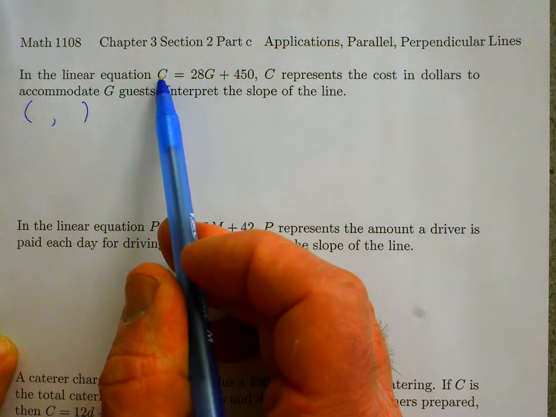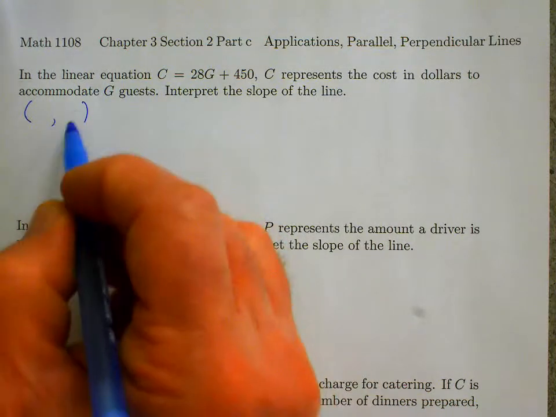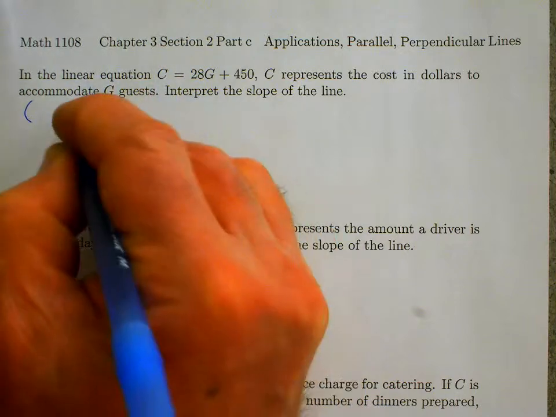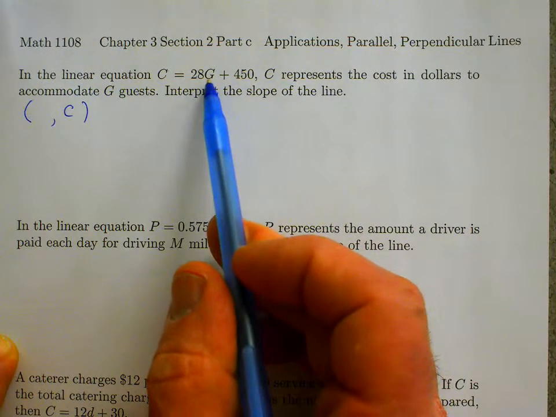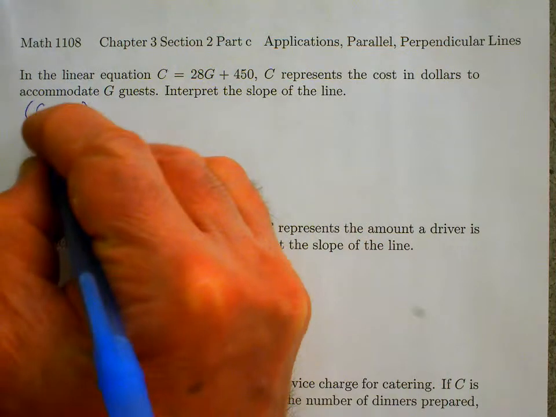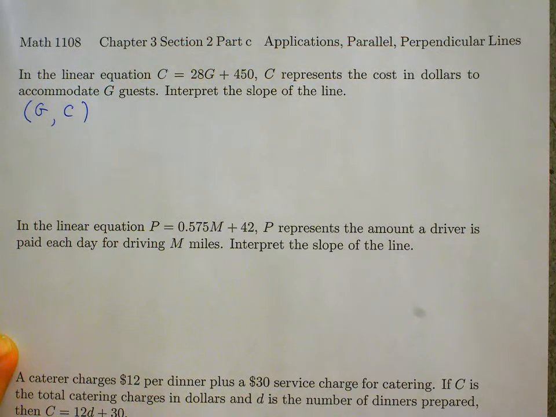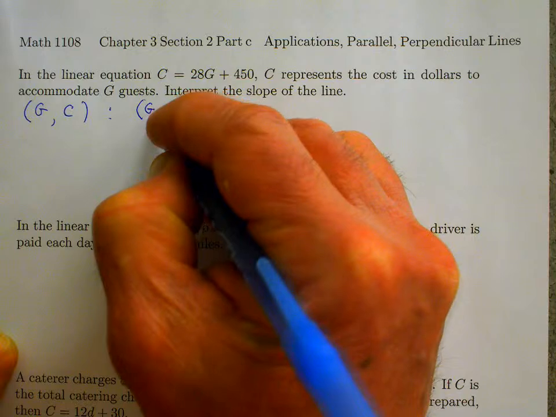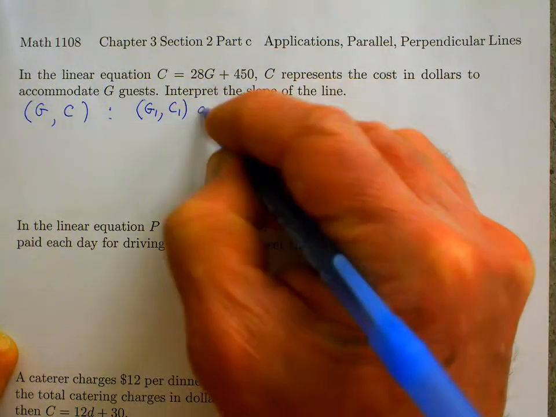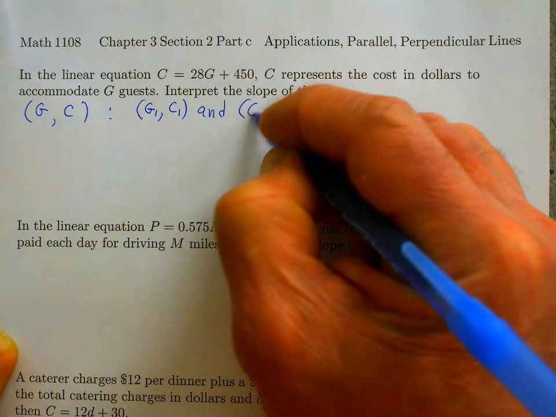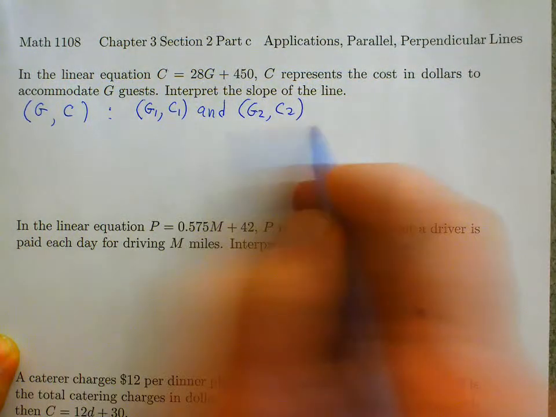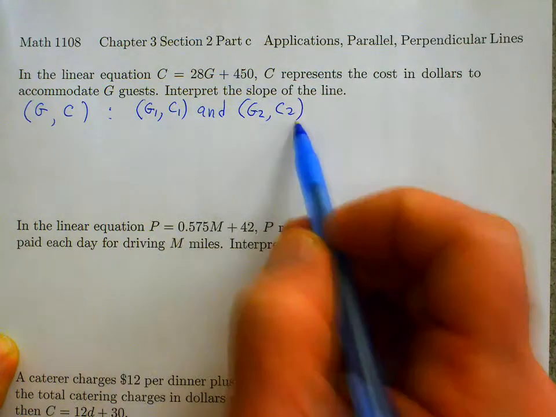Yeah, instead of y, we have c, so our ordered pairs aren't of the form x, y, but instead of y, we have c. So we have c on the right, and instead of x, we have g, so g is the left coordinate, right? So if we had two ordered pairs of the form G1, C1, and G2, C2, then how would we find the slope of the line that passes through those 2 points?